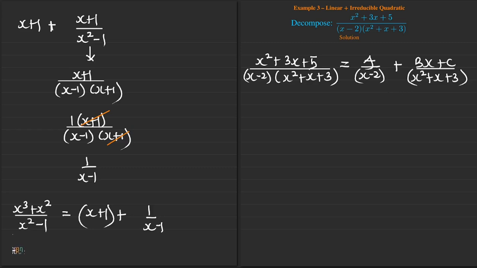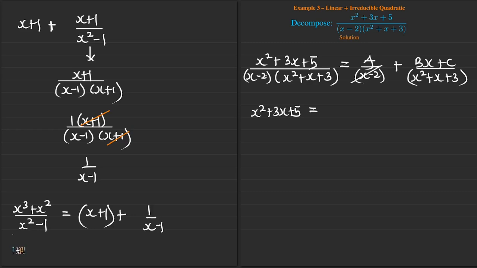And as we have worked so many times, we'll have to multiply each and every term by our LCD, which is x minus 2 into bracket x squared plus x plus 3. Now for the left hand side, if we do that, we would be left with our numerator, which is x squared plus 3x plus 5. Then for our right hand side, we have a.